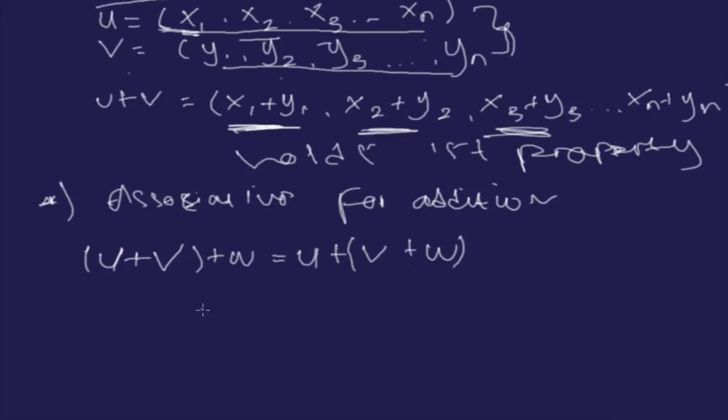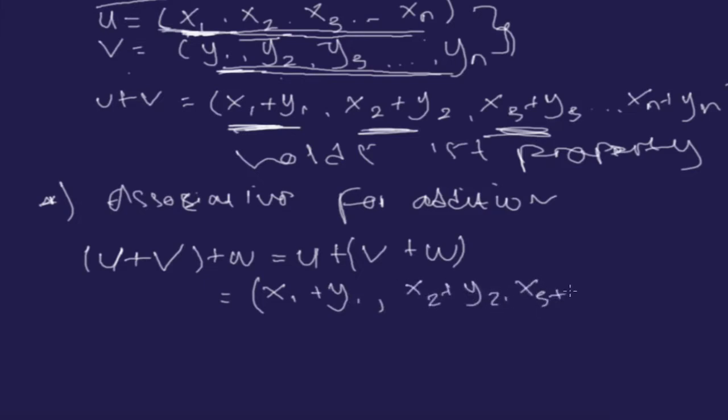We can write, using the same u and v: x1 plus y1, comma, x2 plus y2, comma, x3 plus y3, up to xn plus yn, in brackets, and then plus w.